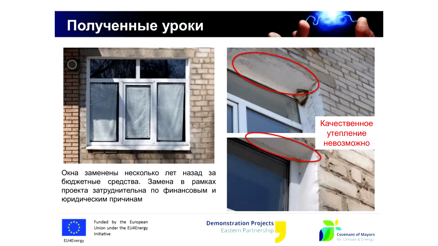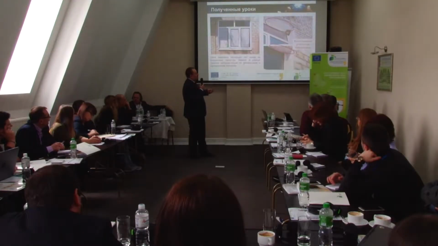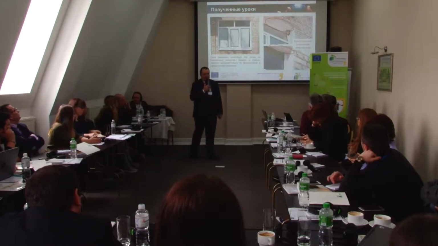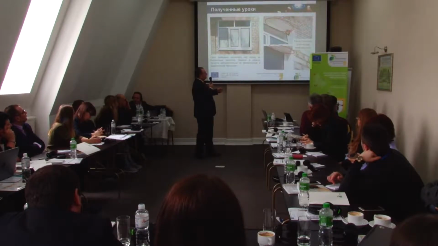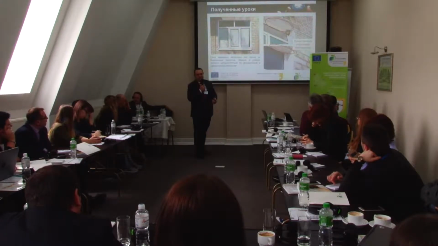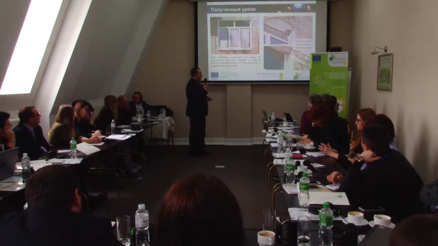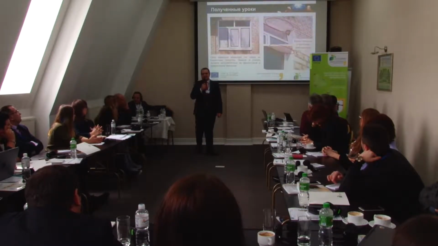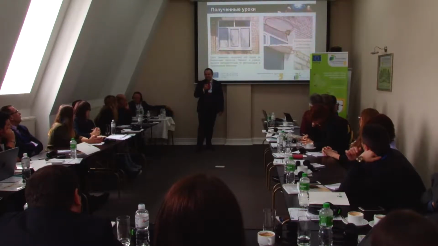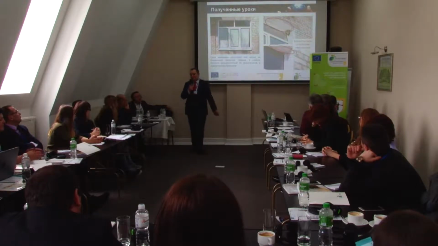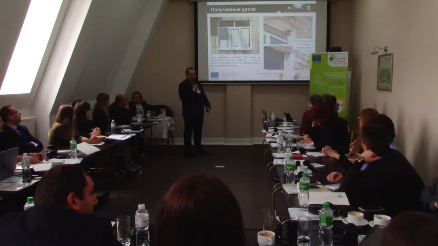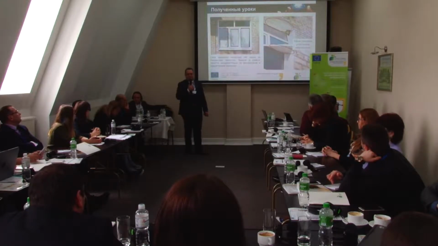So if you cannot put here at least 5 centimeters of insulator, it means it will be cold here and there will be humidity, etc. So there is no other solution but full replacement of the window, and it means that the invested funds from the budget again were spent in vain.